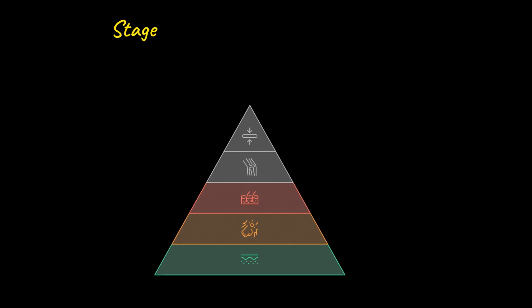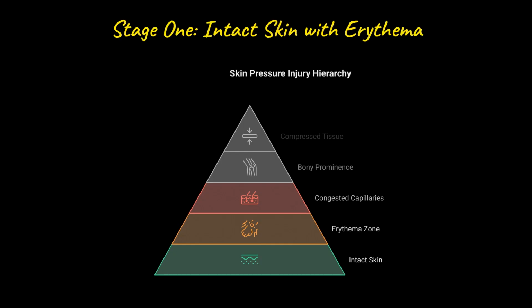A stage 1 pressure injury is the earliest and most reversible category. The skin remains intact, but localized non-blanchable erythema signals that underlying tissue has already been damaged by sustained pressure or shear. Pressure injuries develop when soft tissue is compressed between bone and an external surface.